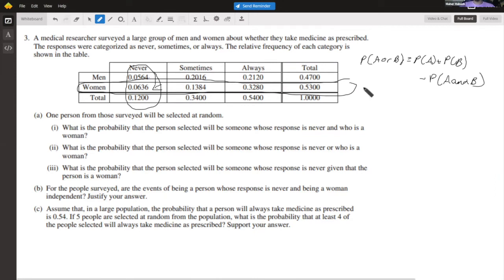So probability of never plus probability of woman minus the probability of woman who answered never will give us our final. Questions there?